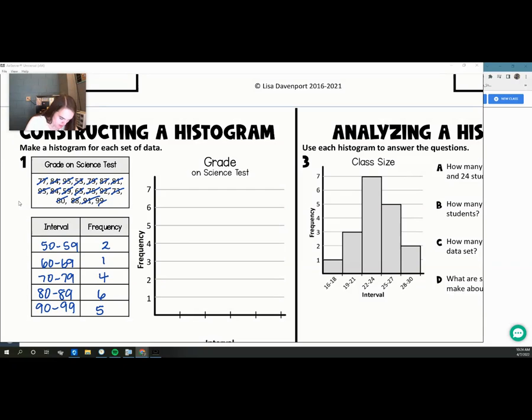All right, so all we're going to do is create a histogram that goes all the way up. So 50 to 59 should have a bar that goes all the way up to 2.